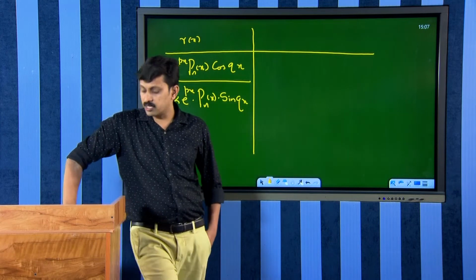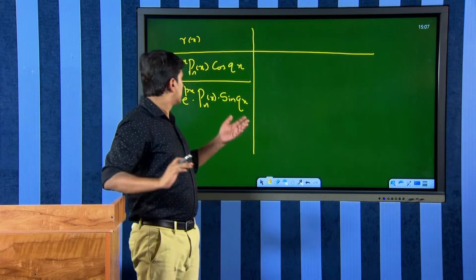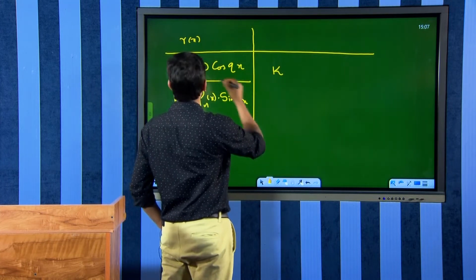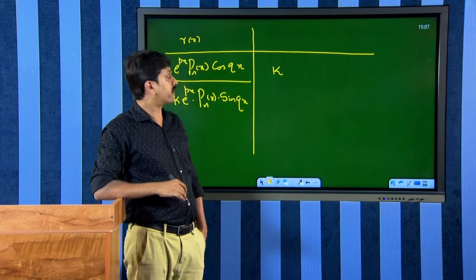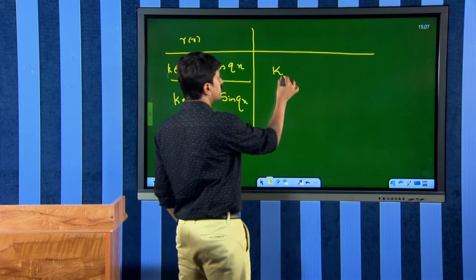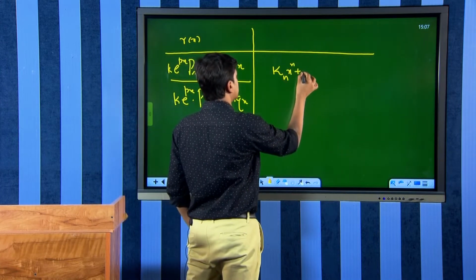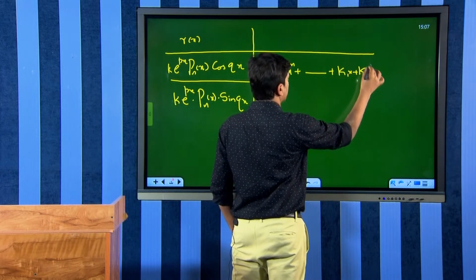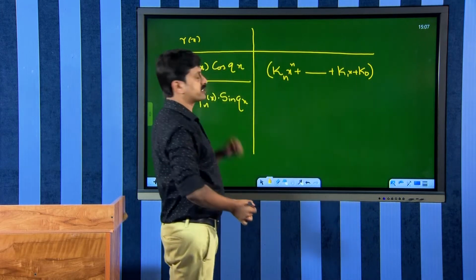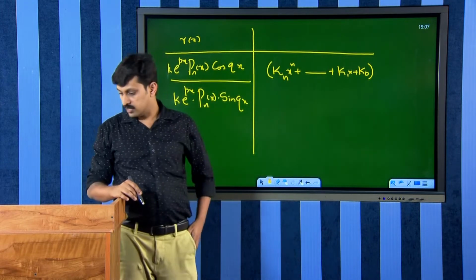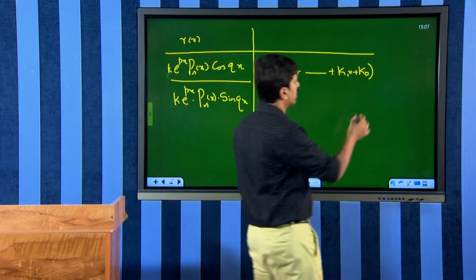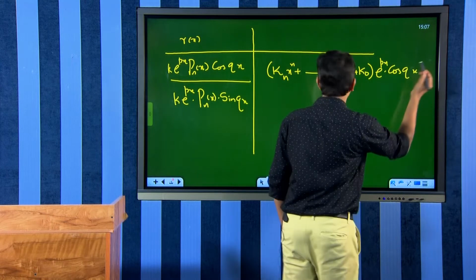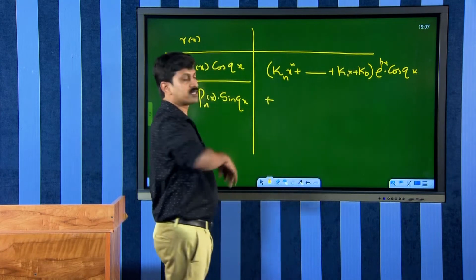In both cases, we can write this as the product where we have the nth degree polynomial. In that case, we have kn x raised to n plus etcetera plus k1 x plus k naught, into e raised to px cos qx, plus we will have the choice for the sine function.